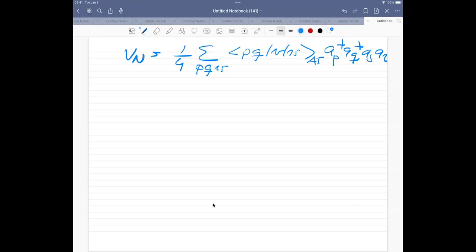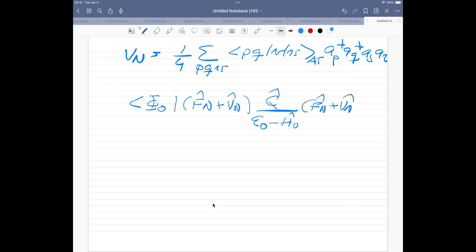Because what we end up with is to calculate this specific term, F_N plus V_N, and then we have this operator Q divided by epsilon_0 minus H_0, times F_N plus V_N, multiplied with phi_0. Now, the term with the reference energy is obviously 0 because we are linking with states Q, which are not included in your model space.